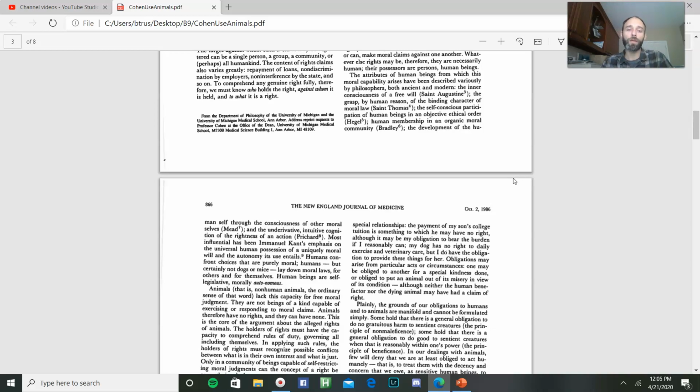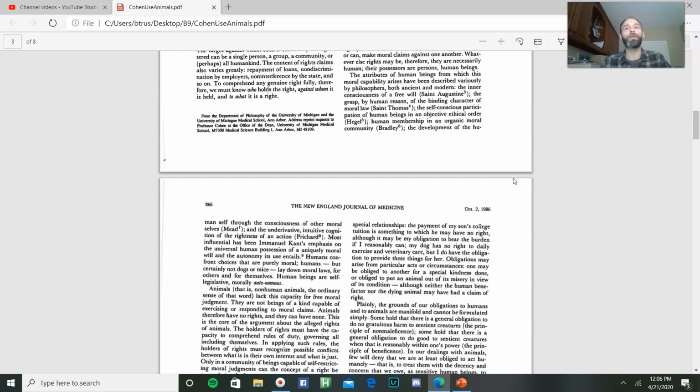We talked extensively about that in the section on deontology in this class: what distinguishes humanity from the rest of creation, according to Immanuel Kant, is our rationality and our autonomy.